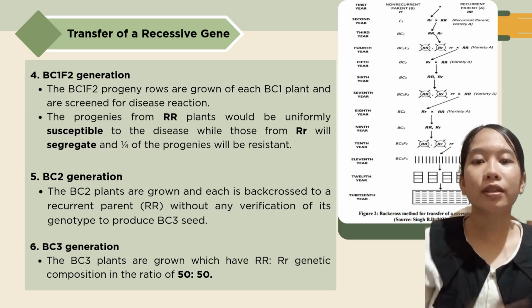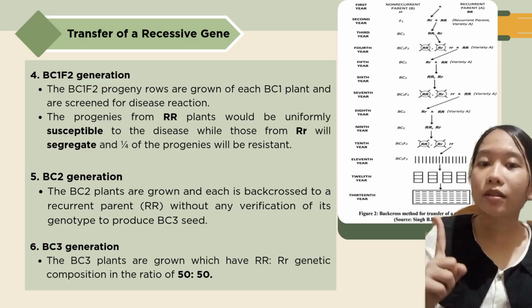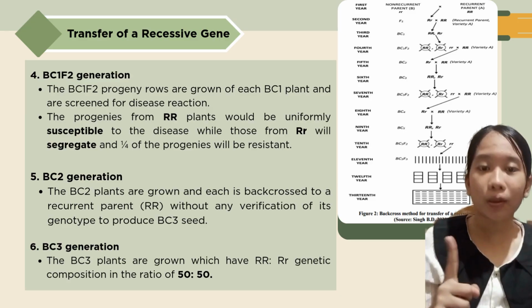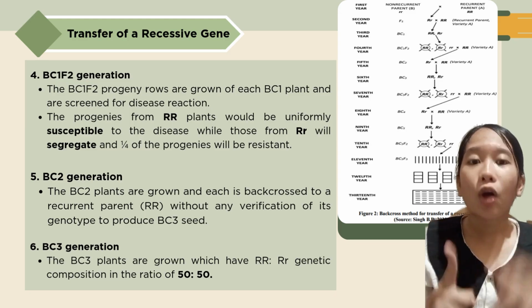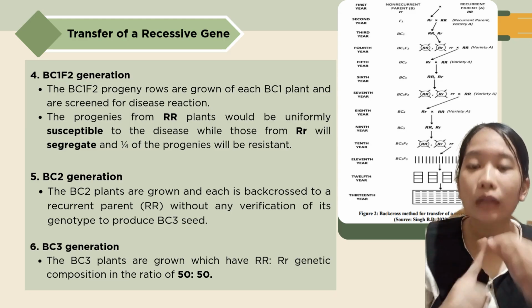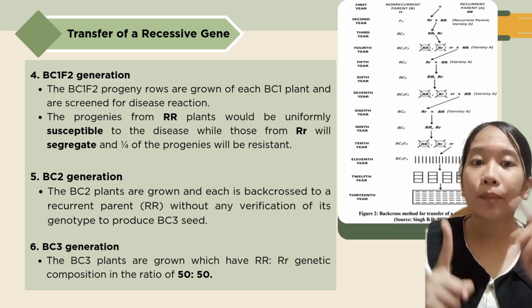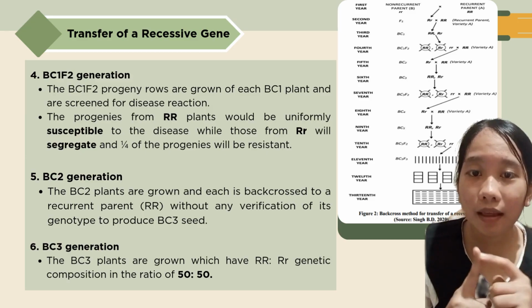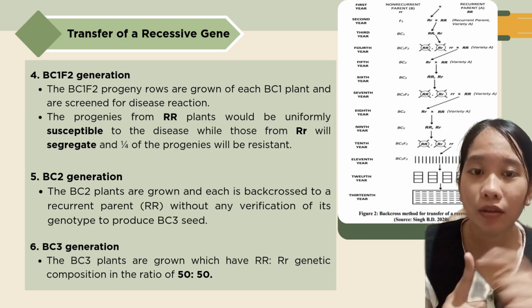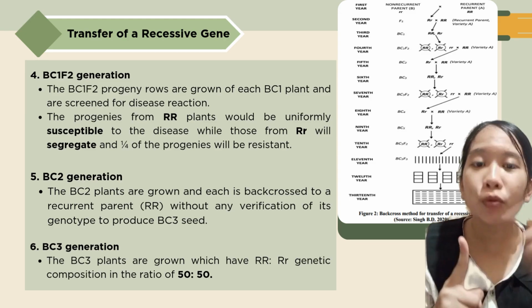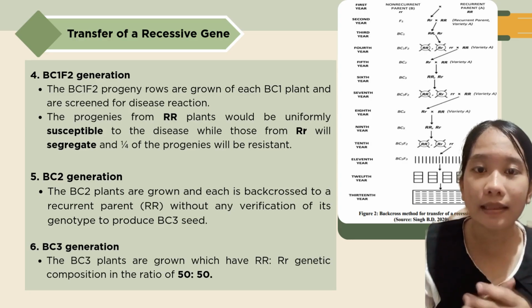So for the BC2 generation, the resistant plants are then backcrossed again with the recurrent parent, the homozygous dominant. So ang ato ang recurrent parent is si homozygous dominant. I-backcross nato diri si heterozygous para makaproduce na pod siya og BC3 seeds na pod.